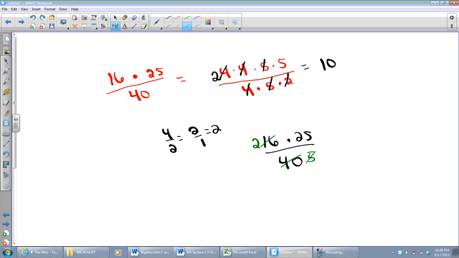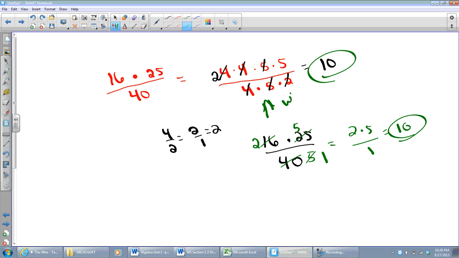It goes in there once and goes in there 5 times. The numerator looks like this now, 2 times 5. The denominator looks like a 1. 2 times 5 is 10. Over 1 is the same as 10, and I get the same answer. This is why I get 10.